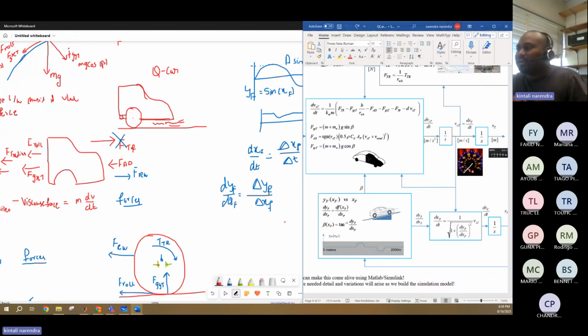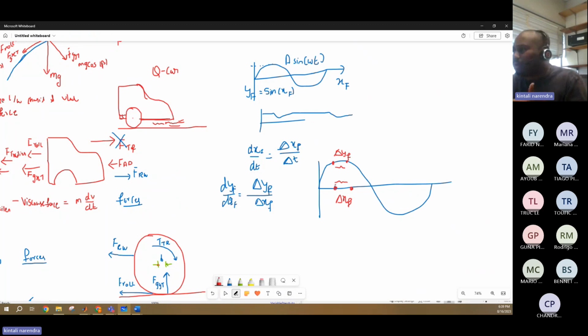So how do you find that interval? Narendra, you said, but I only know y of f, but I don't know delta y of f. Again, it is very simple. Programming is very simple. We know this is x of t. Imagine you are here, and you are traveling in the horizontal direction.